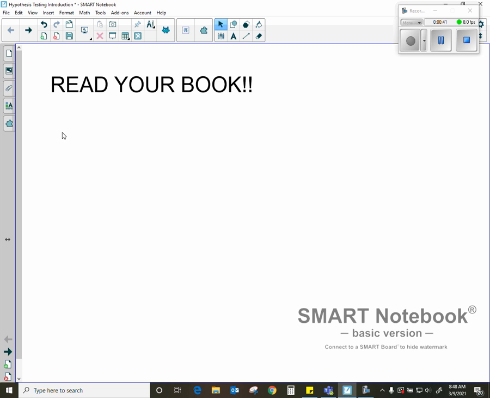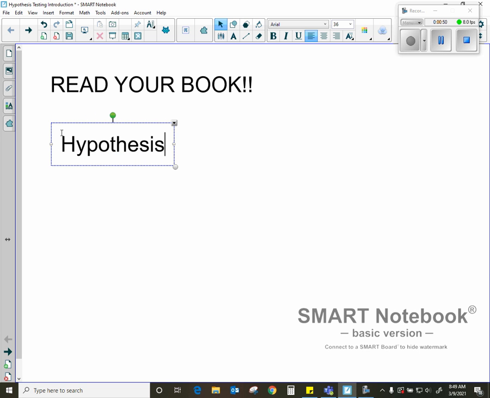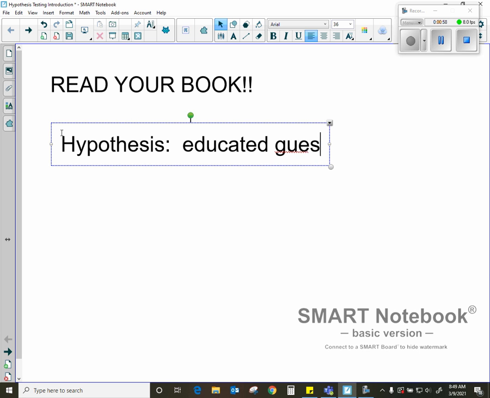Okay. So in chapter 8, we're going to start again with hypothesis testing. When we talk about a hypothesis, a lot of you have maybe heard that word from a science class or somewhere else, but it's really just an educated guess. That's not how your author defines it, but however you want to word it, it's just an educated guess.